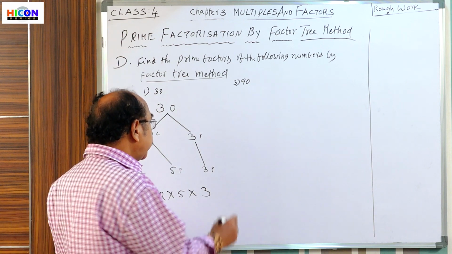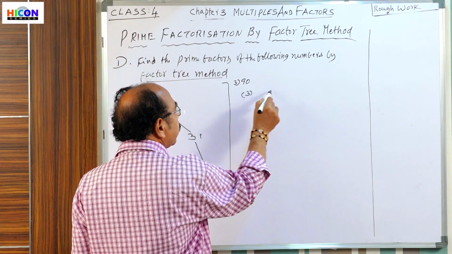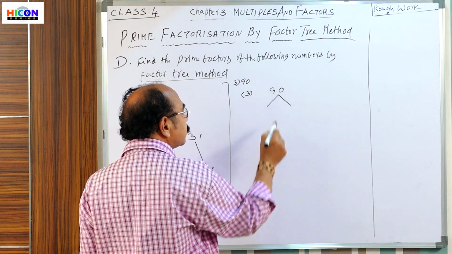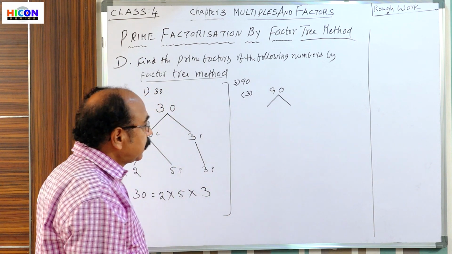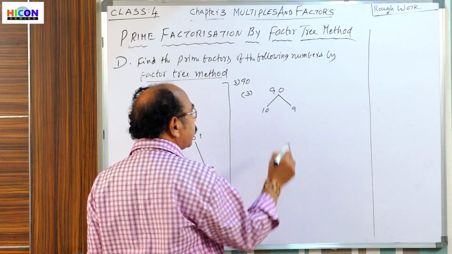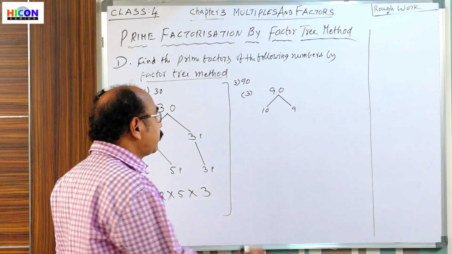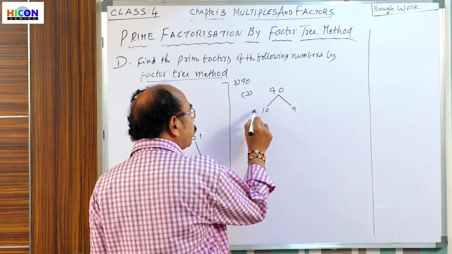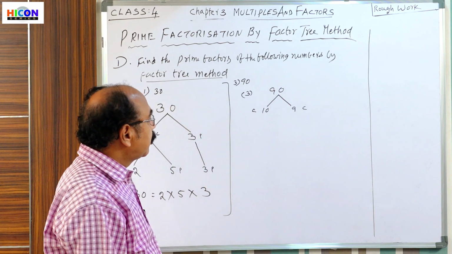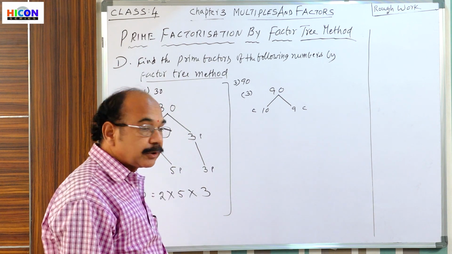Next. Take 90 now. Third number here, 90. 90 can be written as 10 nines are 90. Everybody knows that. Here 10 is composite and 9 is also composite.